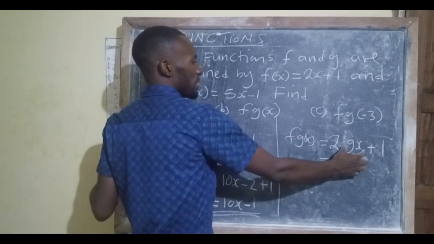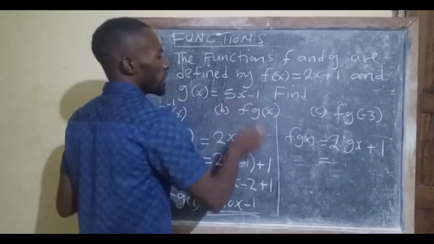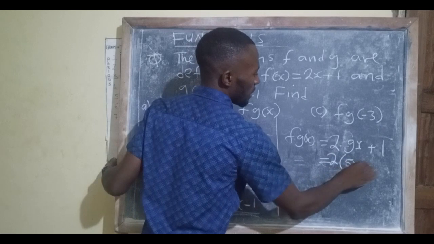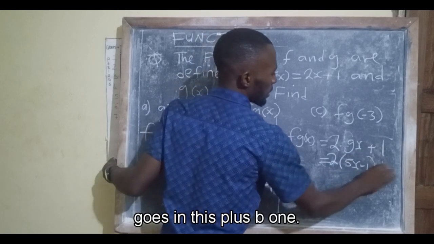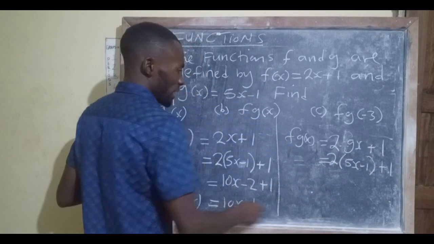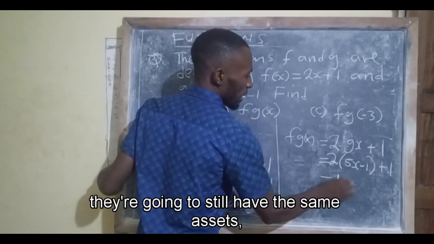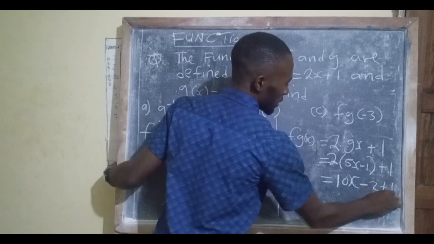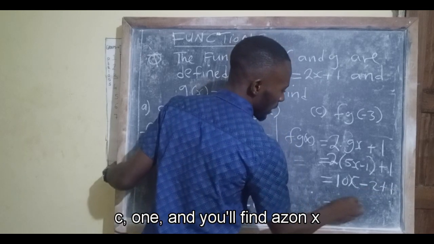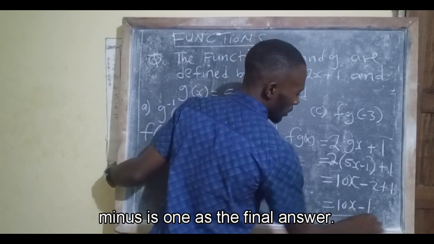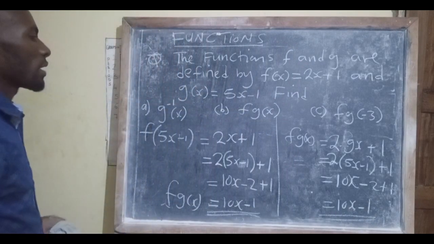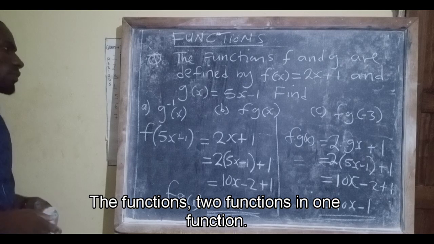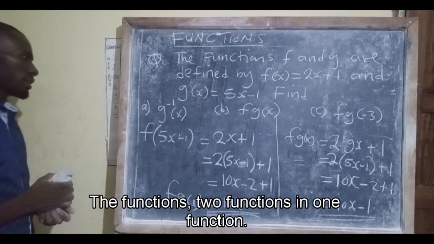When there's g of x, you replace the g of x. So I'm going to have 2, g of x is 5x minus 1, close, then there's plus 1. When you expand, you're going to still have the same answer, 10x minus 2 plus 1, and your final answer will be 10x minus 1. So this is how you find two functions in one function.